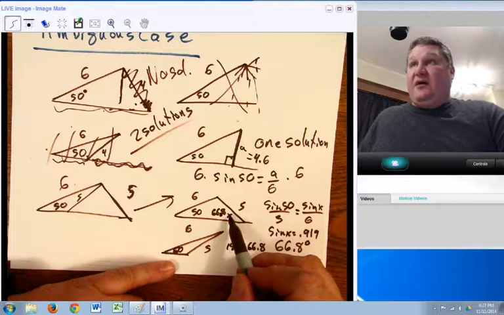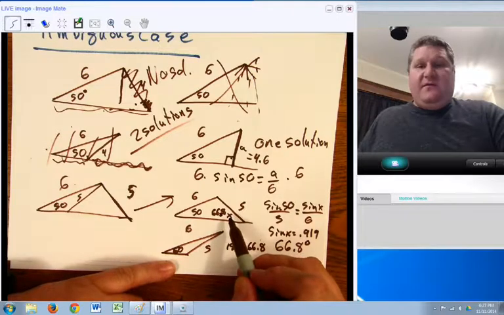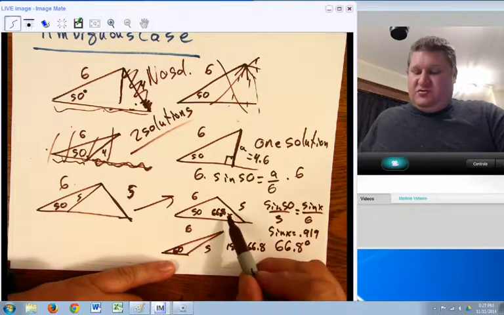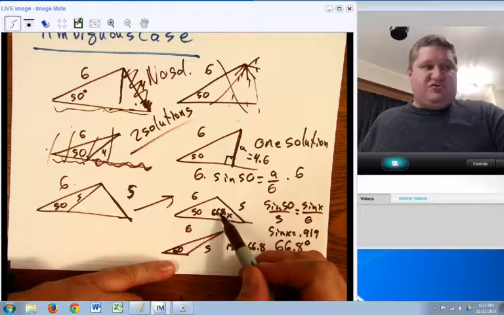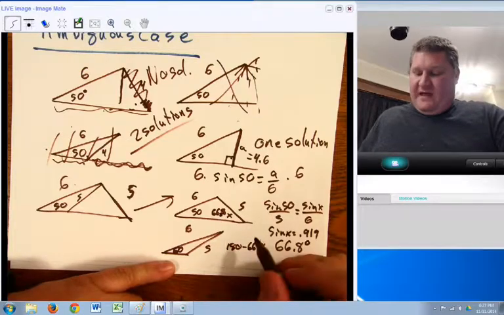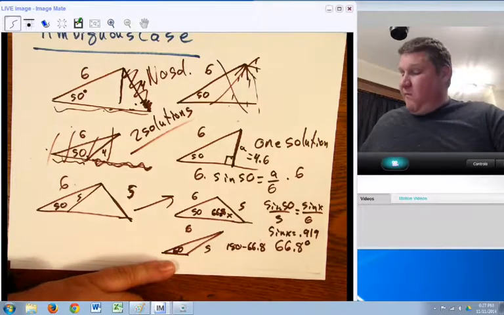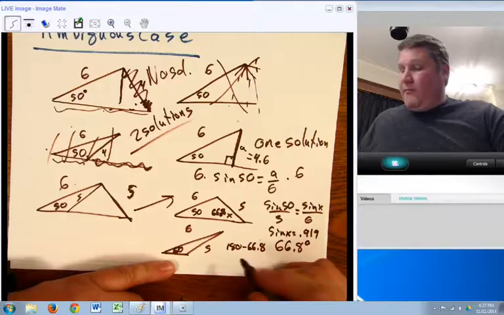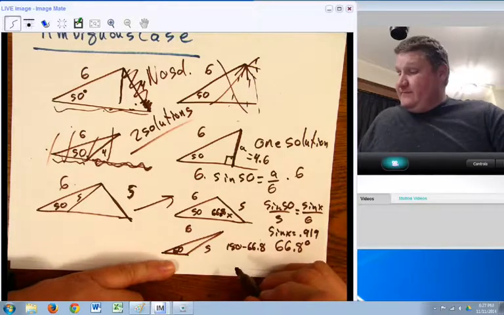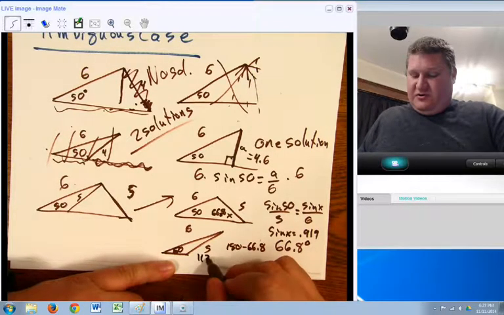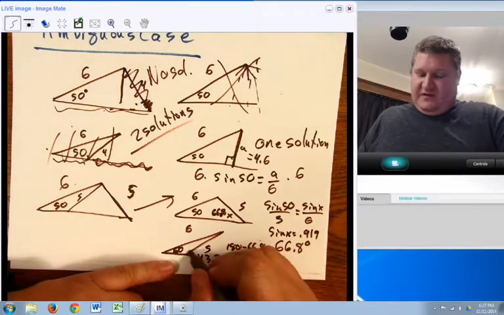So how do you find the angle in the other ambiguous triangle? You take 180 minus whatever the acute triangle is that you find, and that comes up with 113.2. That is going to be this angle.